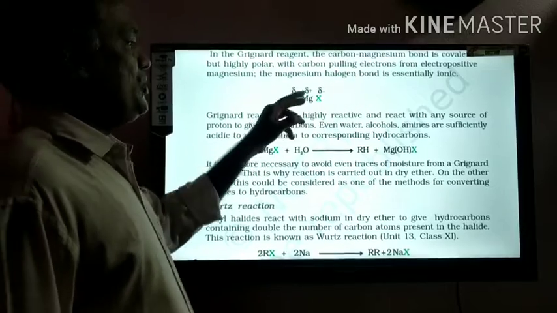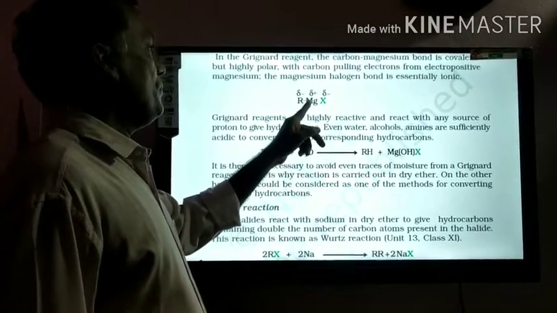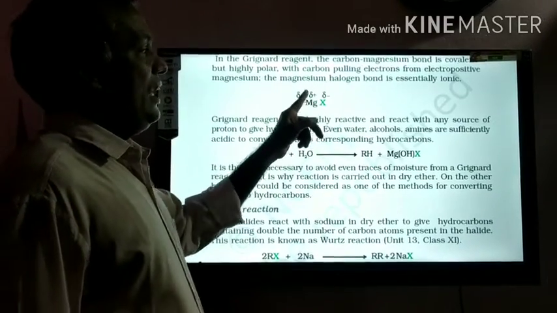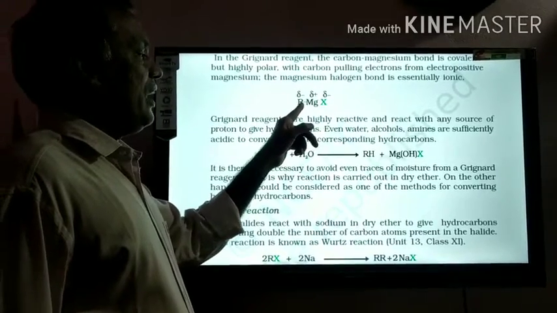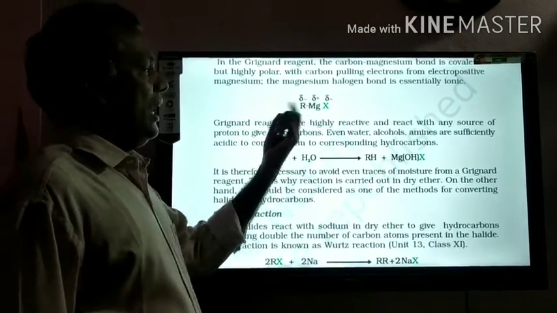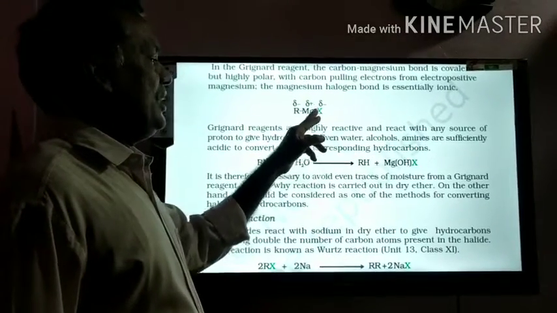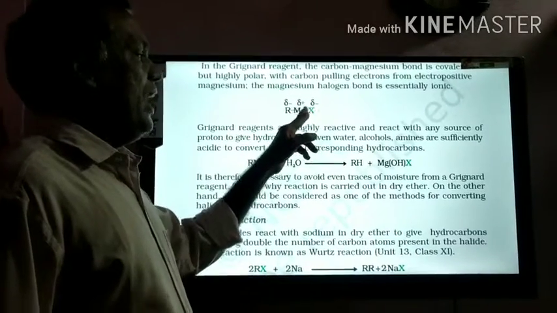The carbon-magnesium bond is covalent in nature, but it shows polarity, with carbon pulling the electrons from the electropositive magnesium, so the binding electrons between R and Mg will be nearer to R. And the magnesium-halogen bond is essentially an ionic bond. Magnesium chloride, magnesium halide, all these are ionic bonds.